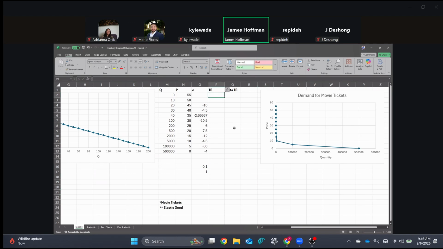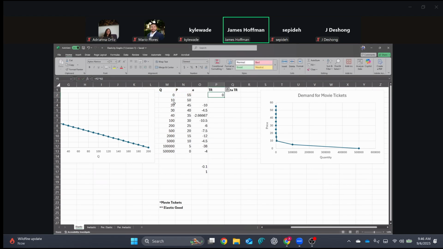So the total revenue is pretty simple. It's just the price of the good times how much we sell, right? So in the total revenue column, this is just equal to the Q column times the P column. If we don't sell any, we're gonna get 0.